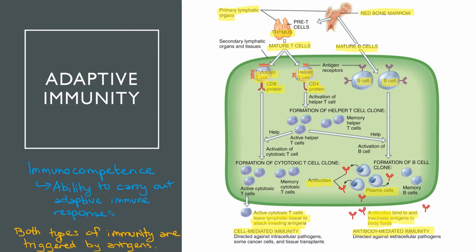So let's just briefly go through the top here. We can also see these antigen receptors labeled here at the top. Now, we know that cytotoxic T cells become activated and will directly attack invading microbes. What about these helper T cells? Helper T cells will aid the immune responses both in cell-mediated and in antibody-mediated immunity.